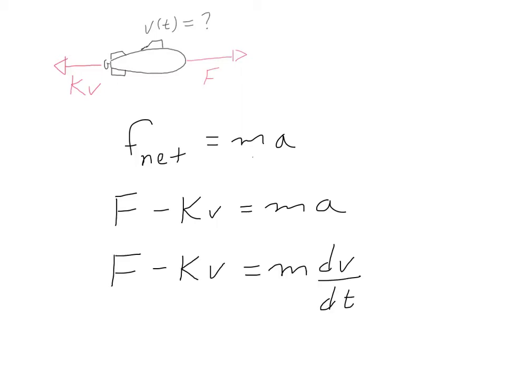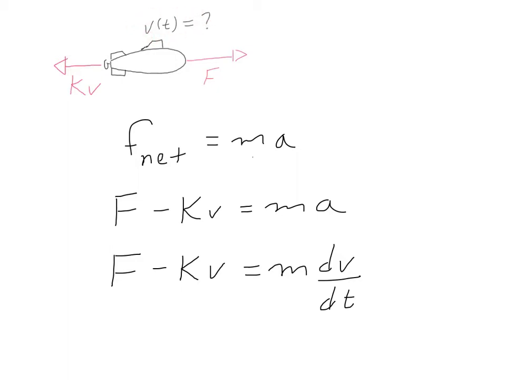So now we have F minus kv equals m dv dt, and notice now it doesn't have the a variable, it has only a v variable and technically a dt variable. Notice k is a constant, F is a constant, and m is a constant. So my only two variables are v and t, and so I've got a real shot at getting an equation for v of t out of this.